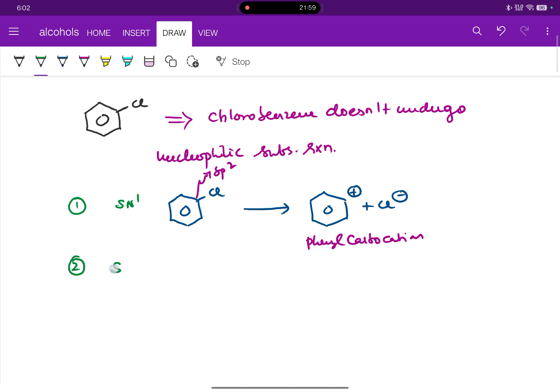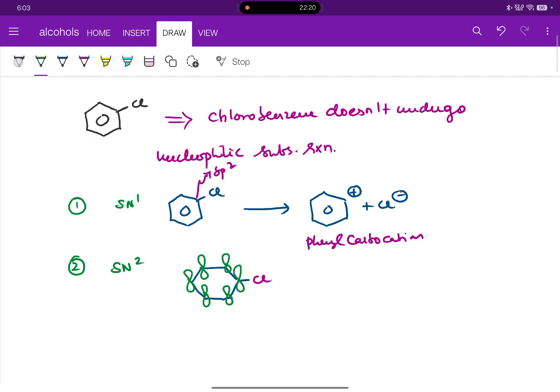Number two, SN2 reaction is never possible. Why? When you take a benzene ring, how are the pi clouds projected? There is no rear side attack possible at all.